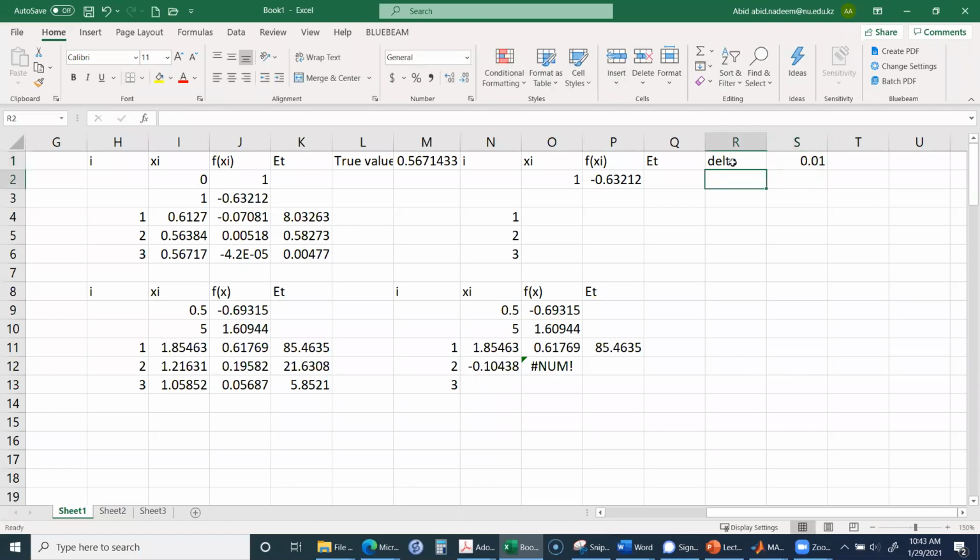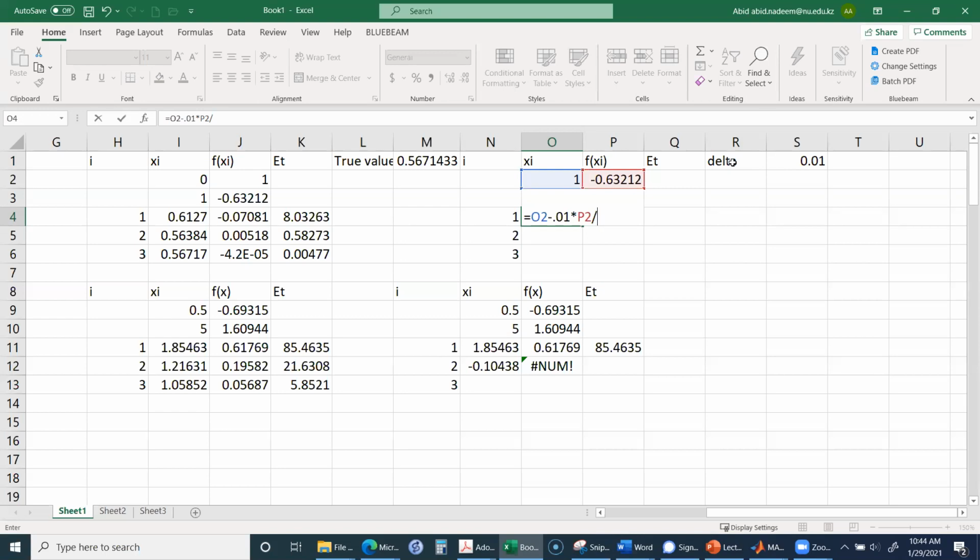The delta we are using is equal to 0.01. To correctly apply this method, the first iteration will be equal to the first value, 1, minus delta, which in this case is 0.01, multiplied by the function value calculated at f of xi, and then divided by the function value calculated here, minus the function value here. I did not do that, but I can do it right now.